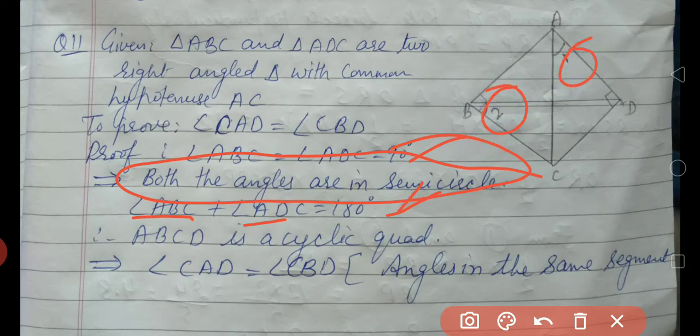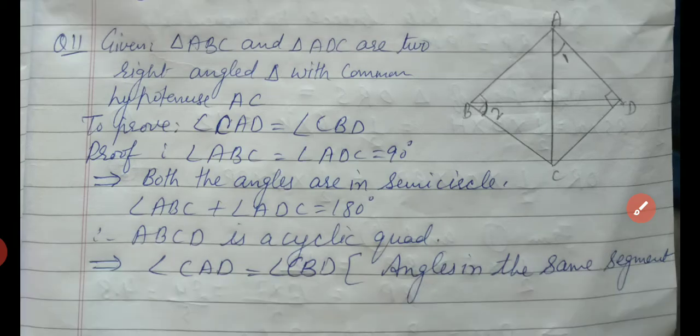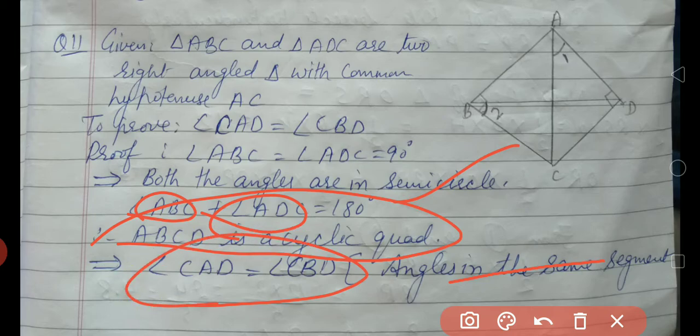So ABCD is a cyclic quadrilateral because the sum of opposite angles is 180 degrees. And we can say that angles in the same segment are equal. So angle CAD and CBD are equal. So this was the solution of question number 11.